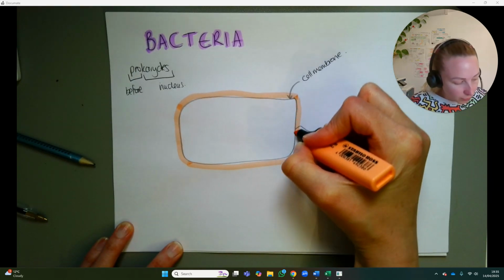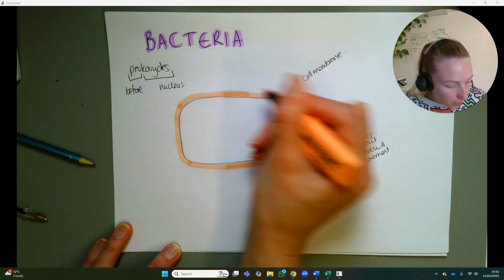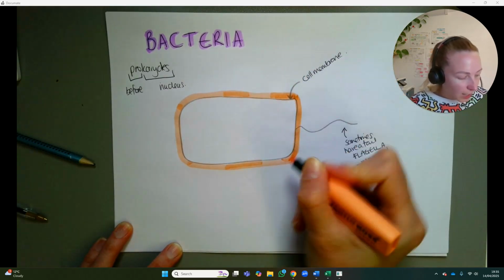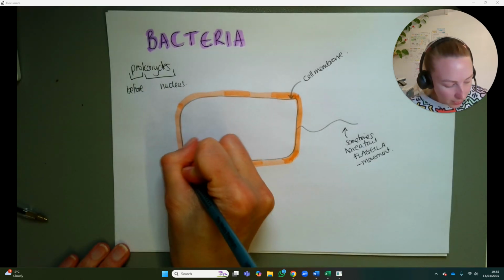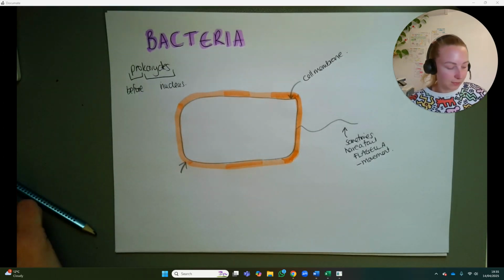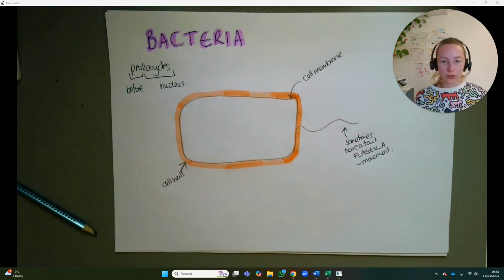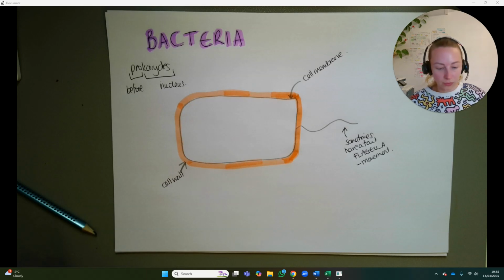But this is a different cell wall to a plant cell wall. So a plant cell wall adds structure and is quite rigid and is made of cellulose. The bacterial cell wall is not made of cellulose, so this is its cell wall. You don't need to know what it is made of, and they're all a little bit different depending on the different bacteria you're looking at, but it's not made of cellulose.